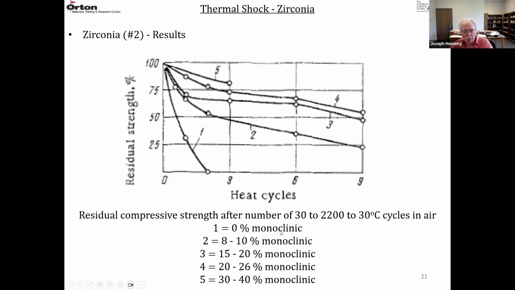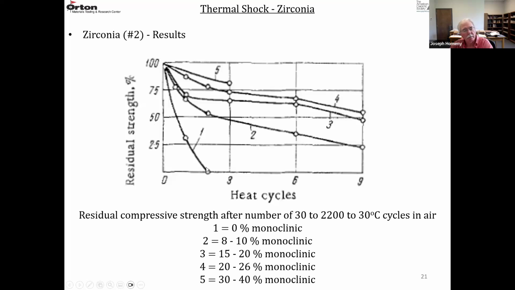So graph 1 is no monoclinic. Graph 2 is 8 to 10%. 3 is 15 to 20%. 4 is 20 to 26%. And 5 is 30 to 40% monoclinic.